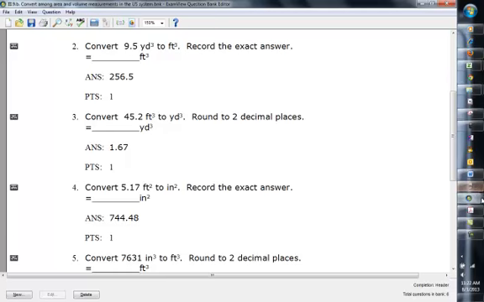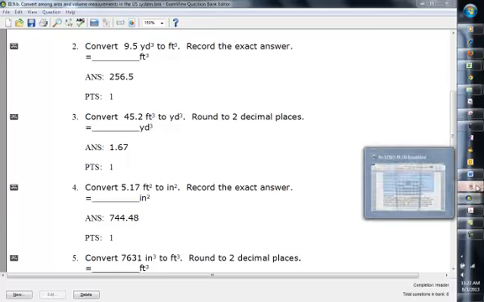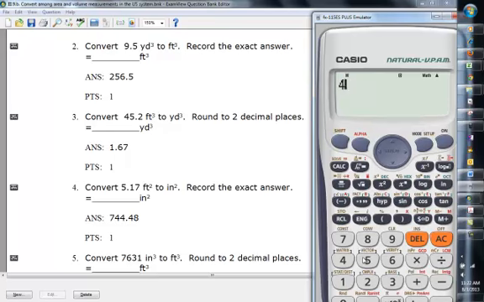Now we're going the other direction, feet cubed to yards. 45.2 divided by 27 gives us 1.67 rounded to 2 decimal places.